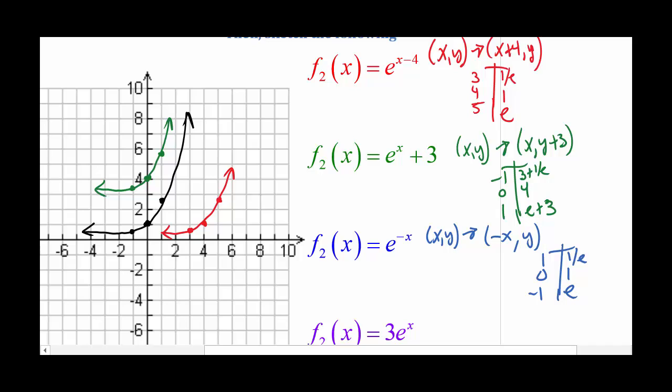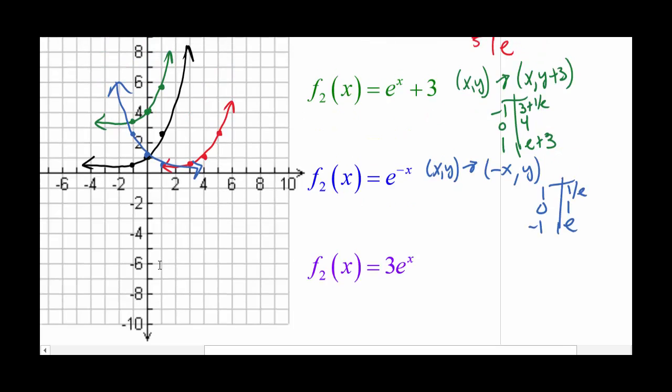And so we can kind of come over here and plot that. 1 over e is pretty close to the x-axis, 0, 1, and negative 1, e, so not quite 3. So we can see that that's what that graph does.